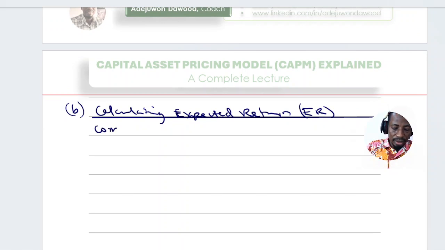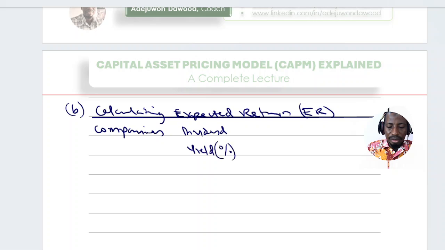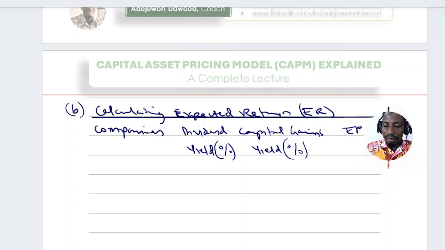So I will list the companies, then the dividend yield in percentage, capital gain yield also in percentage, then my expected return in percentage as well.